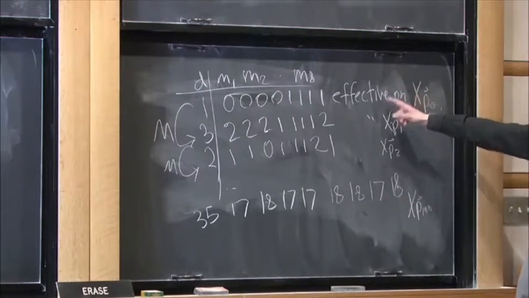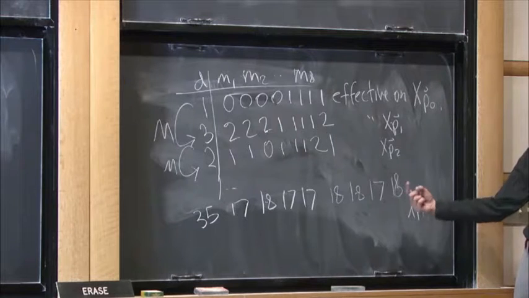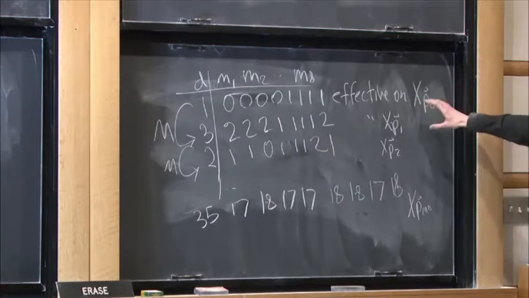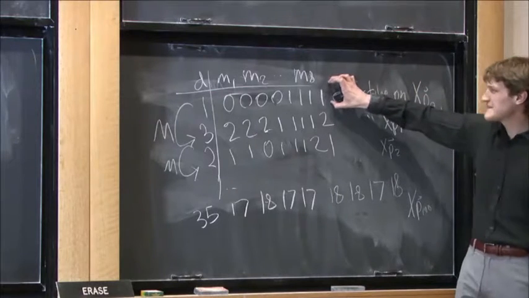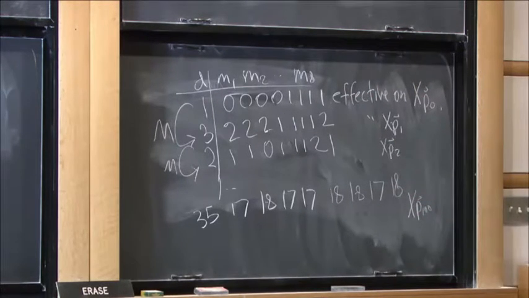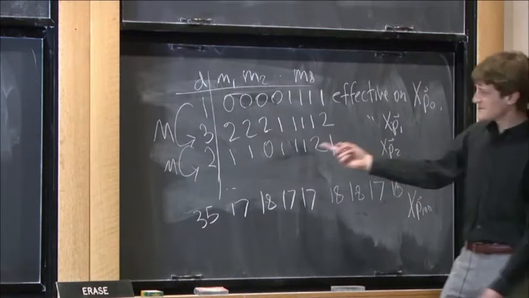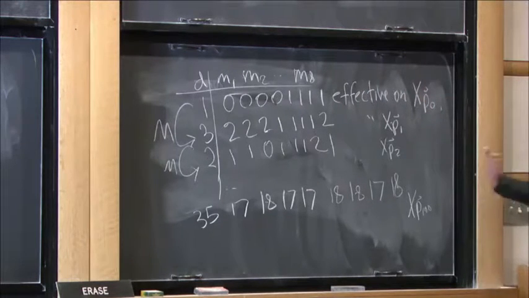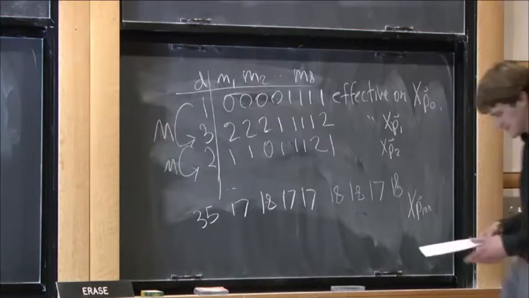But because I chose P0 to be special, it is effective. And so this is how you know that XP0 and XP100 are not the same thing. Here I have some special effective class for coplanar. On P100, I have some special class, this highly singular degree 35 hypersurface. And the point is that once you have 8 points, the degrees of these go to infinity. And so these are all special in different ways, which means they're all not isomorphic.